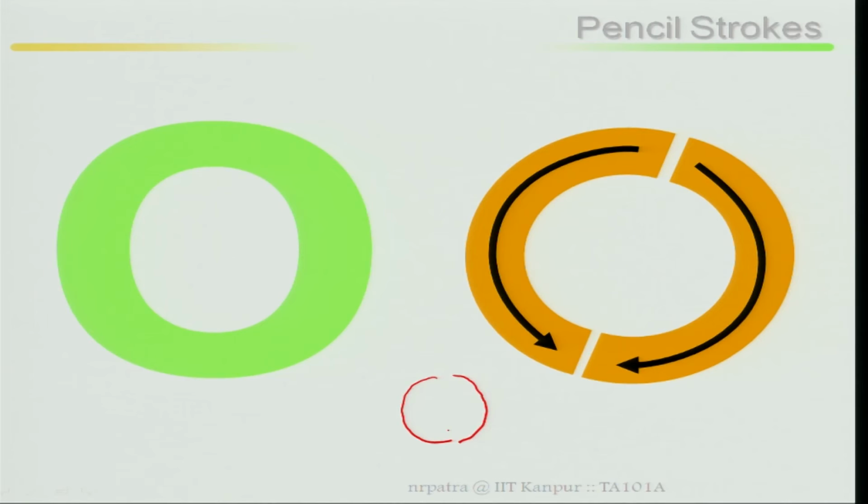Sometimes in normal practice we write O like this, but as far as engineering drawing is concerned, this is not correct. So you write O this way, then the second stroke goes this way. This completes your O.